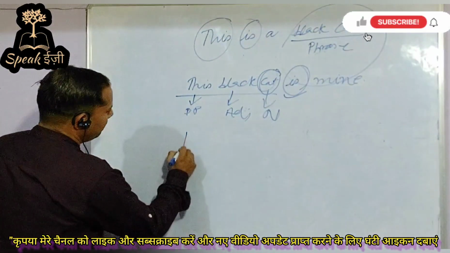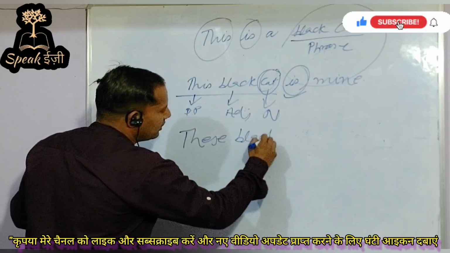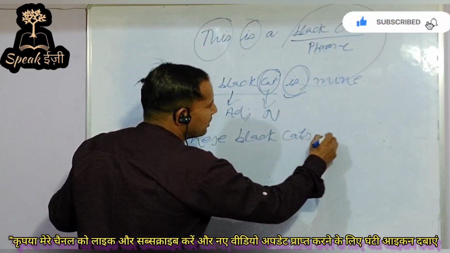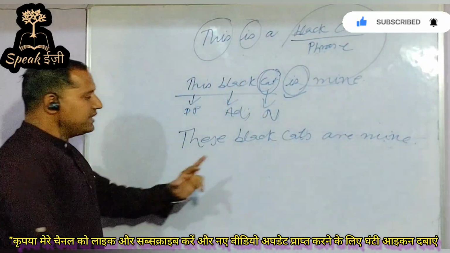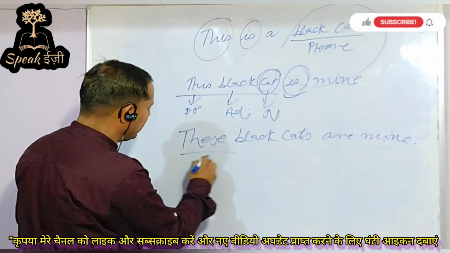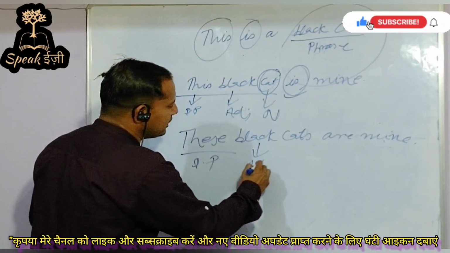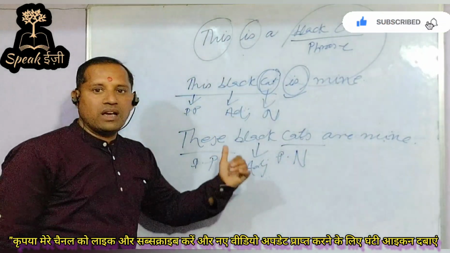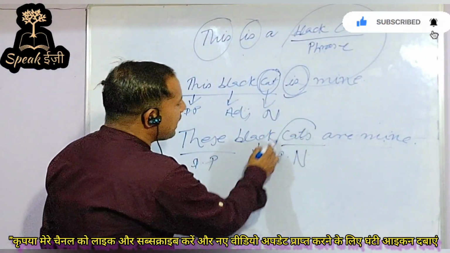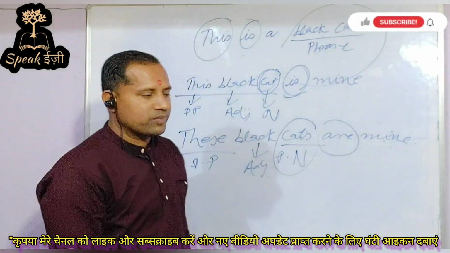Let me write it again. These black cats are mine. In this sentence, these, again the demonstrative pronoun, black, again the same adjective, but cats, it's a plural noun. As I used a plural noun in the sentence, my verb is also plural.